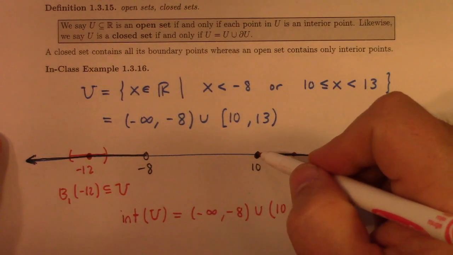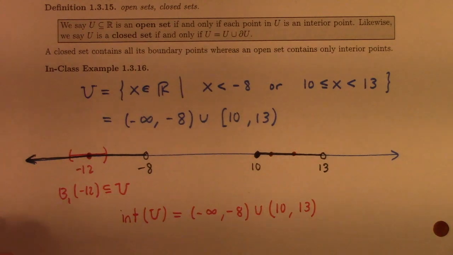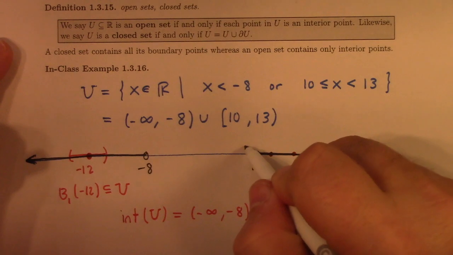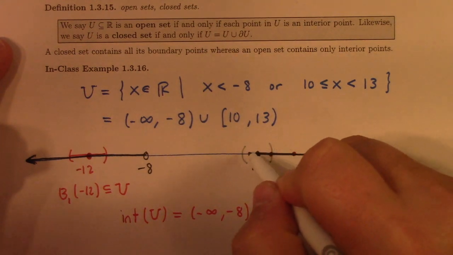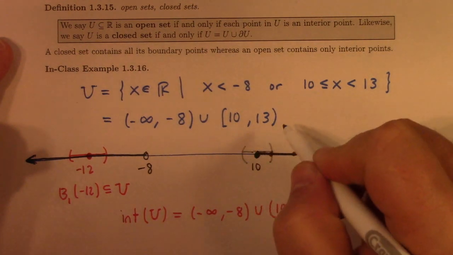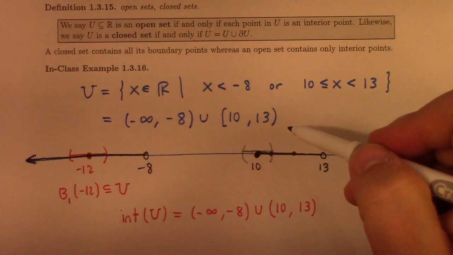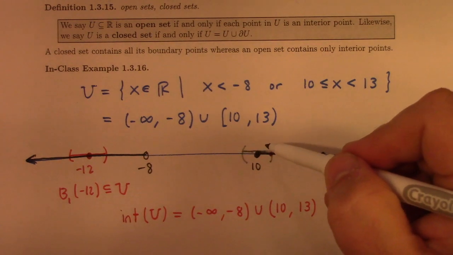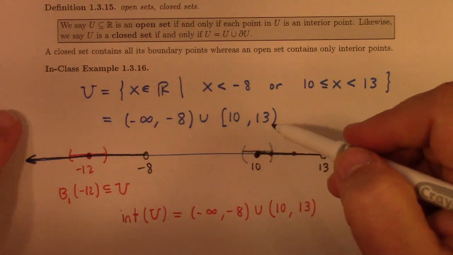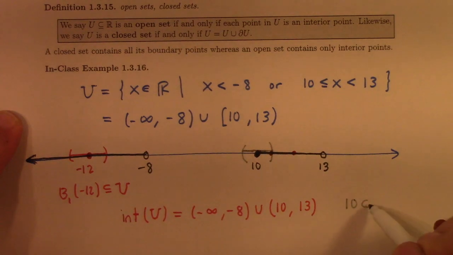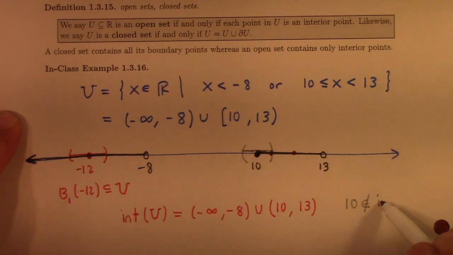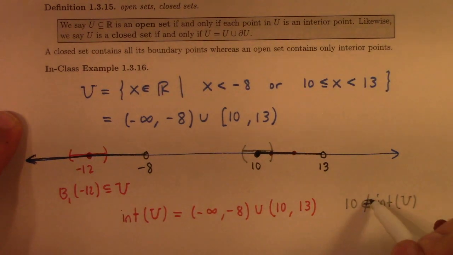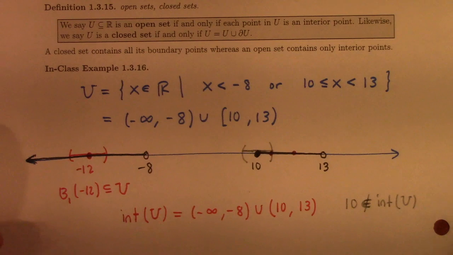Because if you look at 10, no matter how far you shrink a little neighborhood around 10, no matter how small you make it, you've always got points over here to the left of 10 which are not inside your set. So 10 is not an element of the interior. This is our symbol for not an element. We take the element symbol and put a slash through it. It means not an element of.